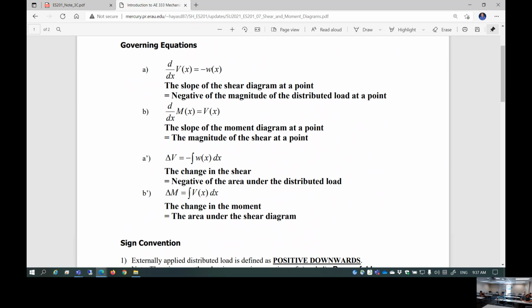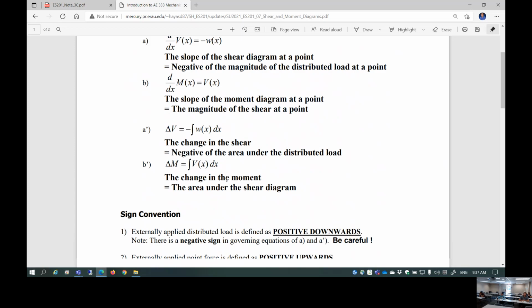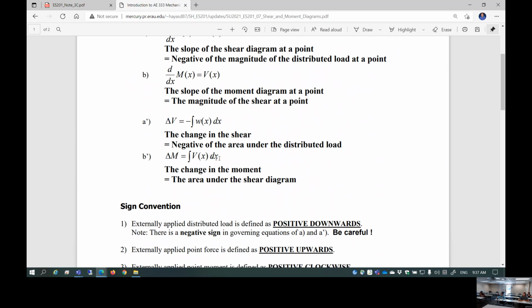Area is going to give you the resultant. That is how much change of shear happens. Obviously, that's what the equation says. This one too. How much actual moment change happens? That means how much change of internal shear you have, and over this range the shear force changed linearly. That means the moment changed this much.